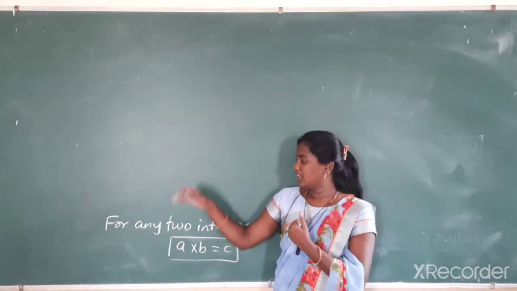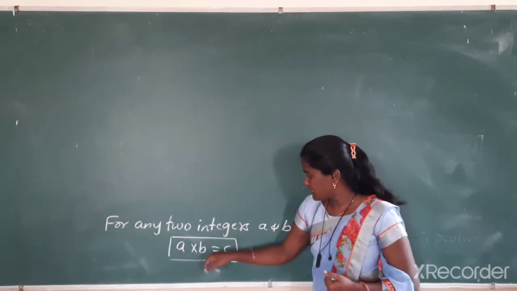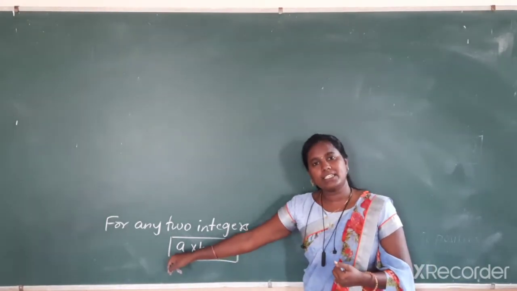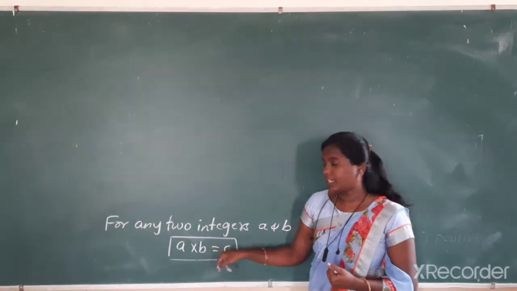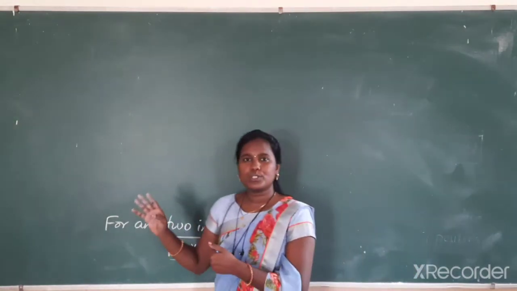We have seen the closure property, that is a into b is equal to c. When we multiply any two integers, the product we get is again an integer. This is about the closure property of multiplication.